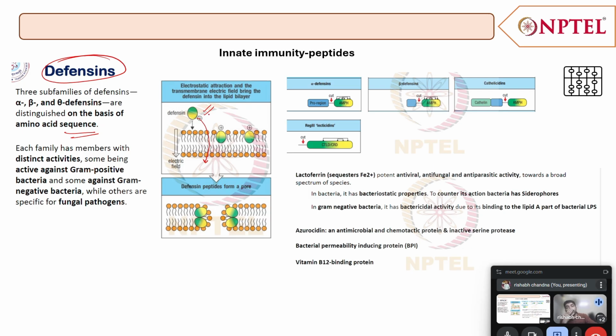That means they have components of a hydrophilic nature, so that they can easily interact with the negative charge of the phospholipid bilayer, and they can create pores so that the membrane is ruptured and all the components can come out of the particular membrane. So this is the basic mechanism of how defensin functions.